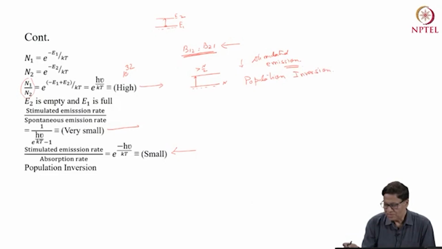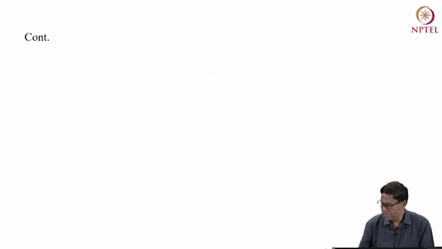So the moment I achieve this population inversion, the stimulated process takes over, stimulated process dominates, and we get stimulated emission. This is the basic principle of laser.